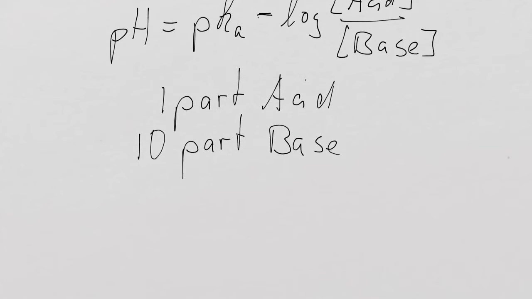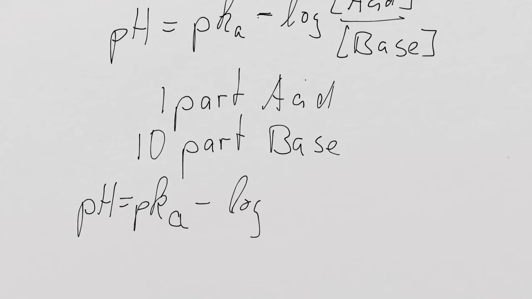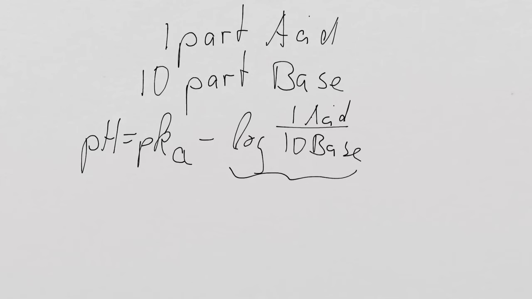Okay, let's see how it works. pH equals pKa minus log 1 part acid over 10 parts base. This gives us log of 0.1, 1 over 10 in this case, minus log 0.1. Log 0.1 gives us -1.